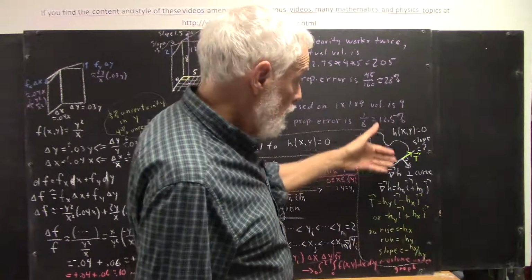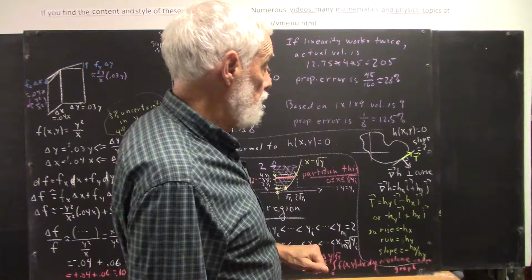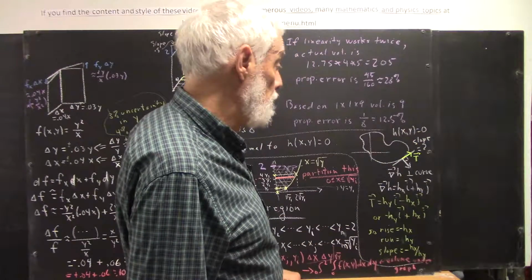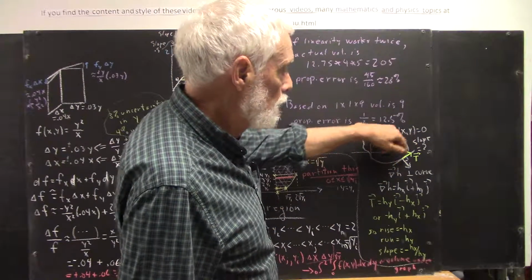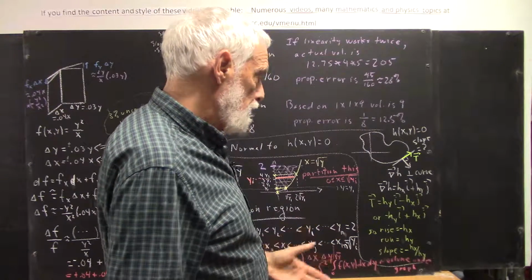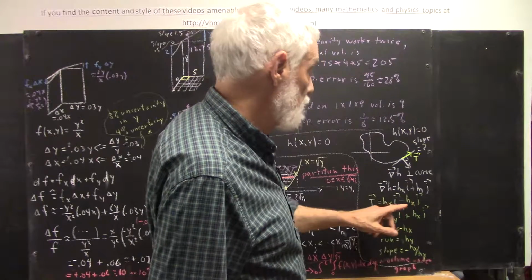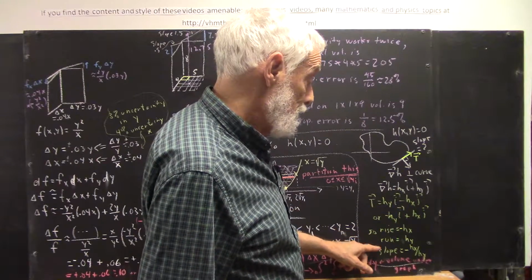Much better, I think, to understand the picture, understand what the gradient and the tangent are telling you, and how the gradient and the tangent are related, and the fact that the slope is very much related to the direction of the tangent. The other way to get the slope, well, the slope of the tangent vector is negative h_x divided by h_y. Okay?